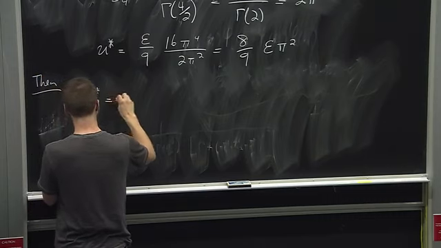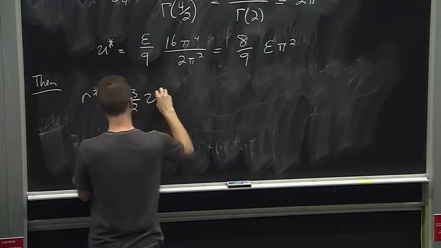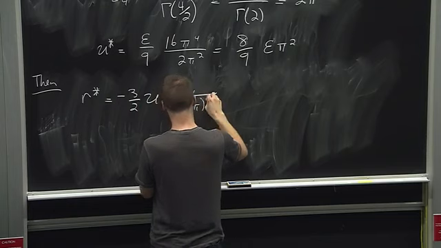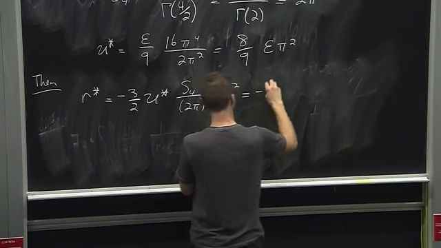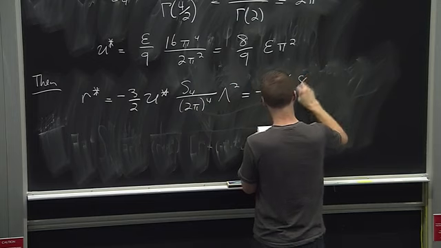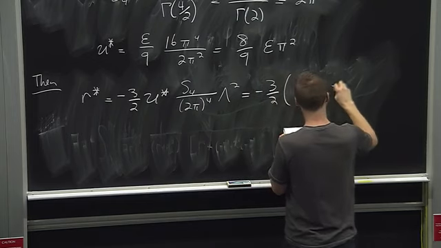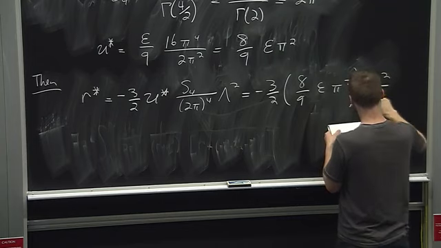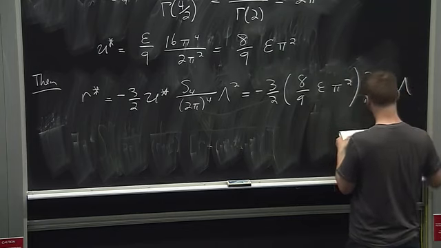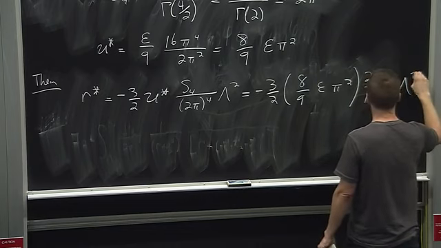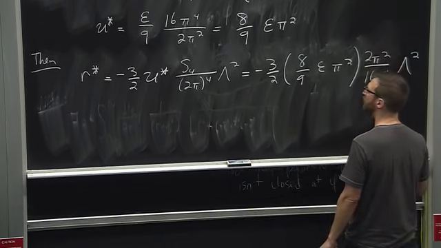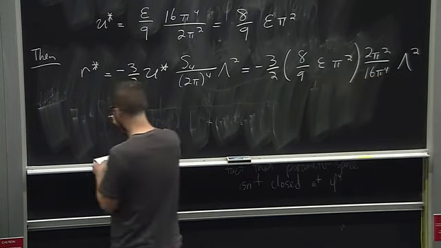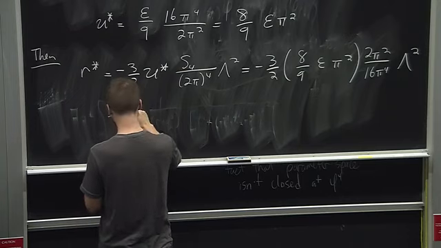And let me try to write this in terms of epsilon too. It's going to be squared here. Yeah, okay, so then this one's minus.